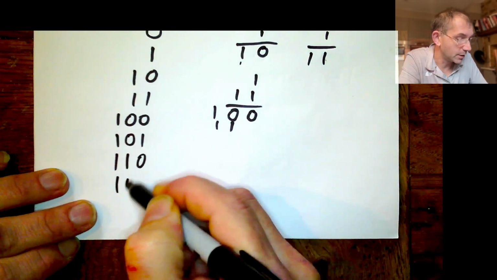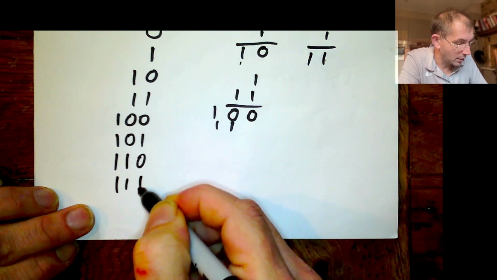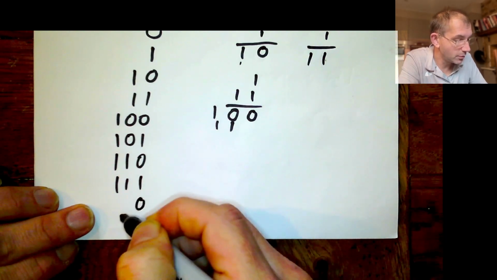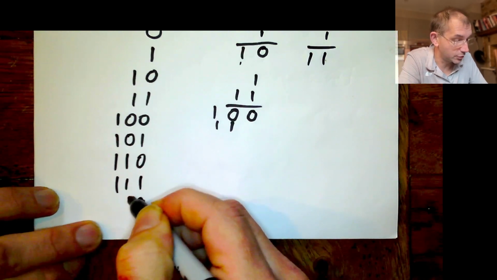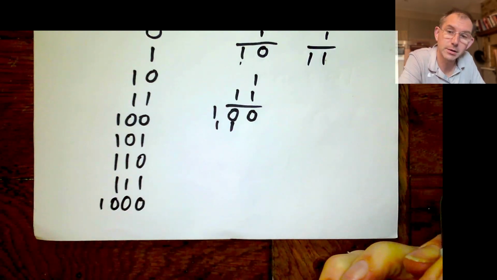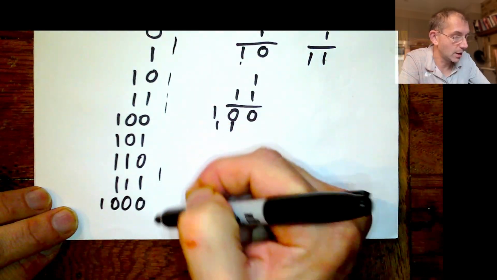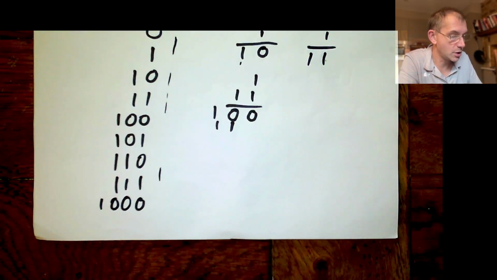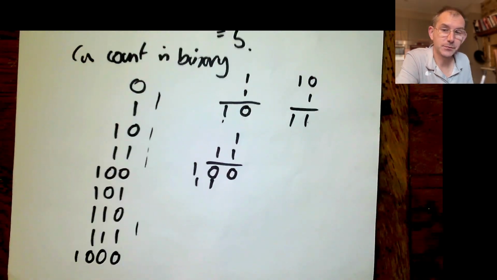When we add 1 to this, we get this, and then when we add 1 to this, we get 2, and then we carry a 1. So it goes on like this. And this can be a useful way to enumerate all the possibilities for things. So being able to reproduce this is quite a good skill.